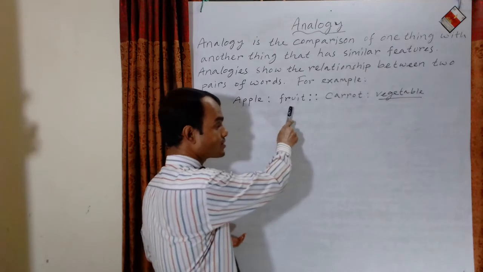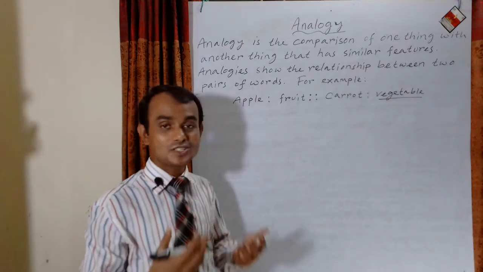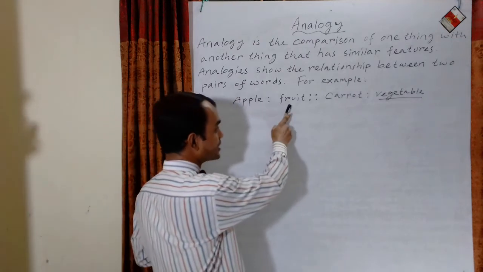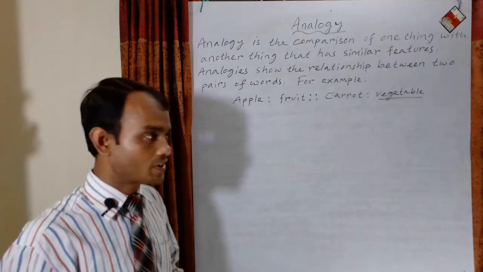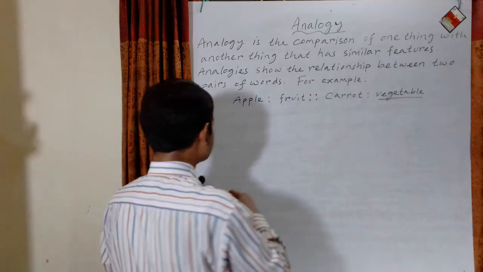Apple is one kind of fruit, carrot is one kind of vegetable. That is a completed analogy.